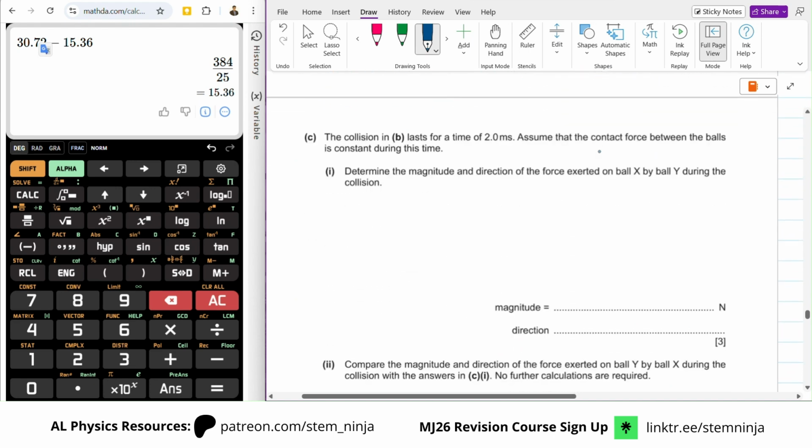The collision lasts for a time of 2 milliseconds. Assume that the contact force between the balls is constant during this time. Determine the magnitude and direction of force exerted on ball X by Y during the collision.